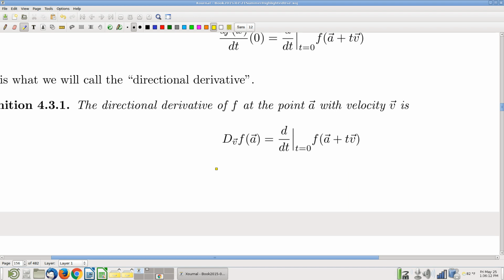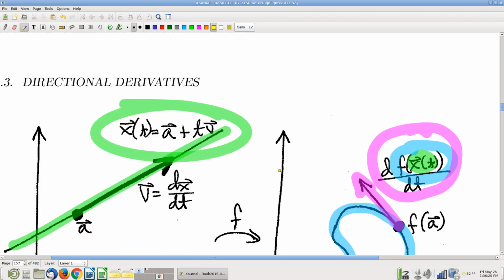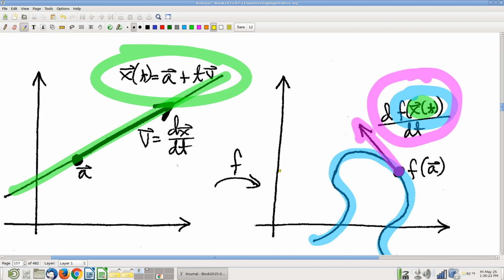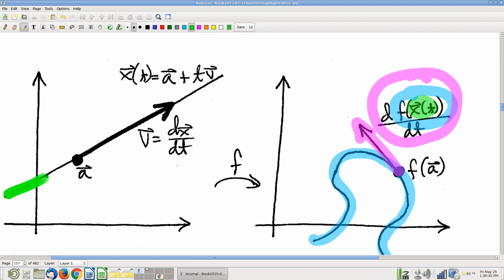Oh, one last thing. Let's talk about this, at t equals 0. Why do we compute the derivative at t equals 0? Let's go back to this picture. Keep in mind the purpose of this green parametric curve here. The purpose of that parametric curve is to help me describe something very specific, namely being at that point and moving with that velocity.